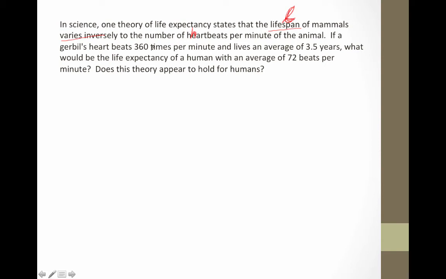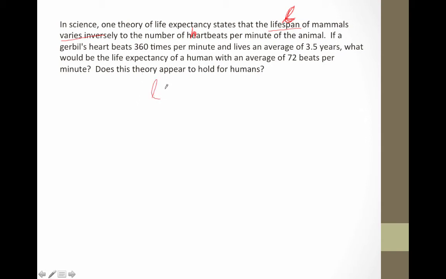If a gerbil's heart beats 360 times per minute, and the gerbil lives an average of 3.5 years, what would the life expectancy be of a human with an average heart rate of 72 beats per minute? And then the question is, does this seem to work for people?